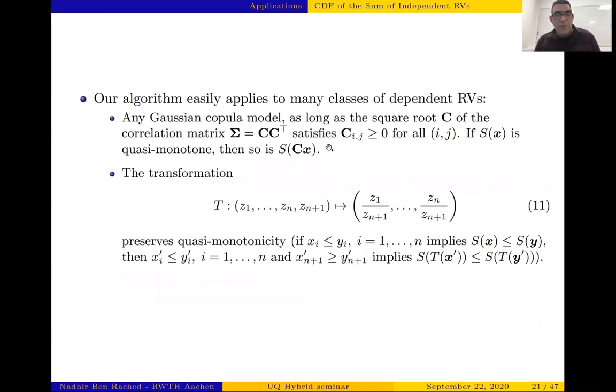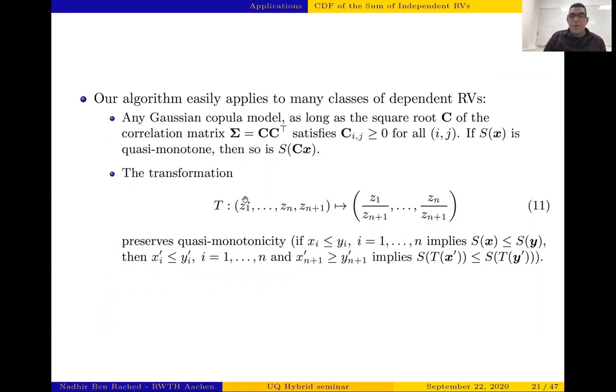Here, we'd like to mention that our technique still applies to some classes of dependent random variables. For instance, it applies when we have a Gaussian copula model, as long as the square root C of the correlation matrix has positive entries, because if S of X is quasi-monotone, then S of C times X is quasi-monotone also.